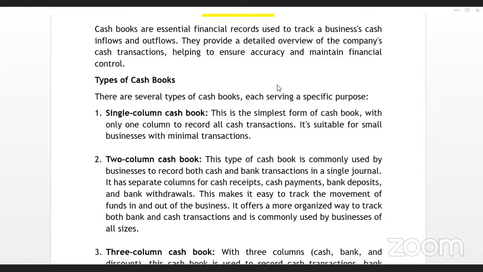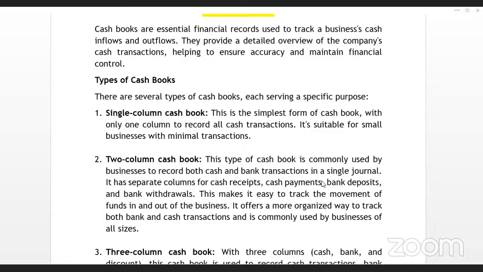Thank you, Priscilla. Yes, we can use a two-column cash book, but of course, the two-column cash book records both cash and bank transactions. So it has separate columns for the cash receipts and the cash payments. Then it also has a separate column for the bank deposits or the bank receipts, as well as the bank withdrawals.